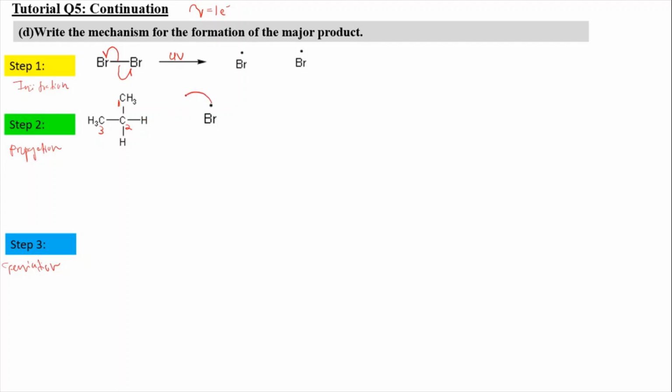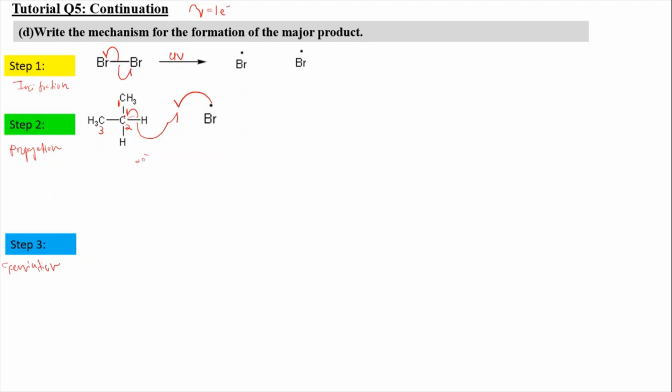The bromine free radical combines with a hydrogen due to the breaking of the bond, and one of the electrons is transferred to the carbon, because one single bond refers to 2 electrons.